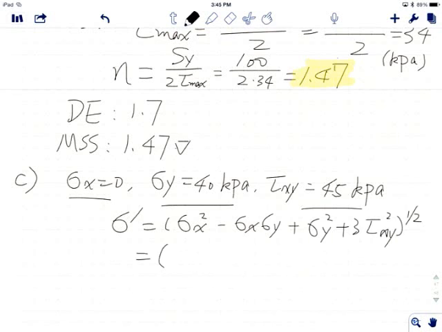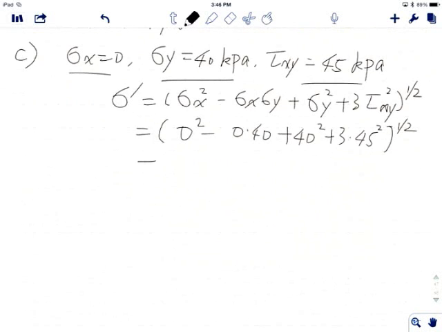Okay, so plugging in all the numbers, the square root of 0 times 40 plus 40 squared plus 3 times 45 squared. Alright, that is going to give you roughly 87.6 kilopascal for von Mises stress.